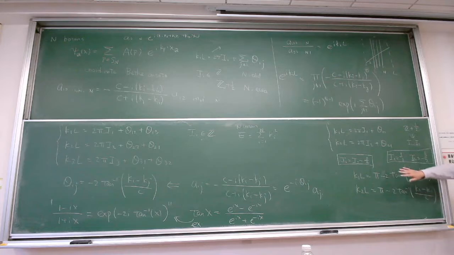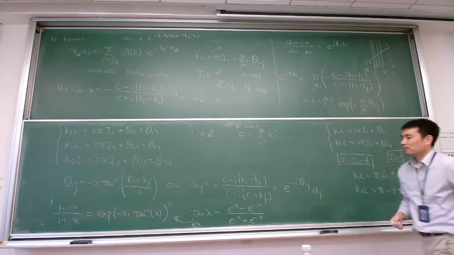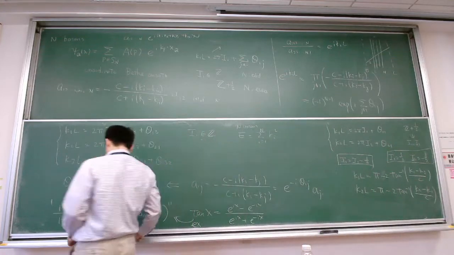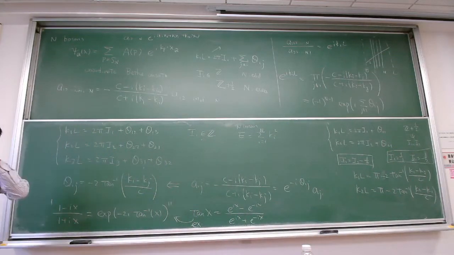I think this doesn't have a solution. But the ground state is 1/2 and minus 1/2, and the excited state is just picking arbitrary half integers. Any other questions?